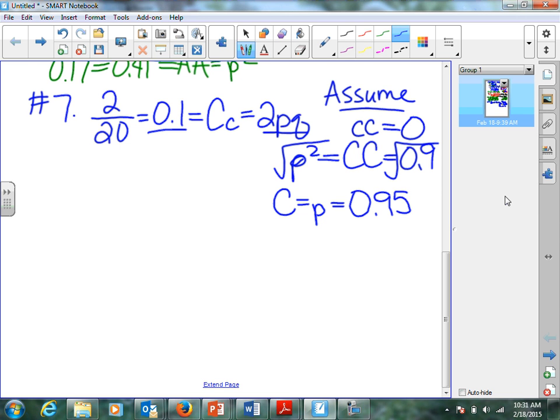So this kind of makes sense that 95% of the population would be carrying that big C allele. And if I know that big C is 0.95, then I can say, okay, I have little c is q, 1 minus 0.95 is 0.05, and this is going to make up those recessive alleles.